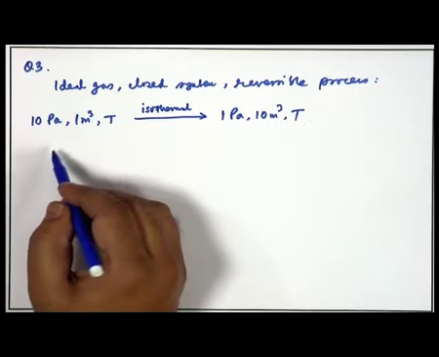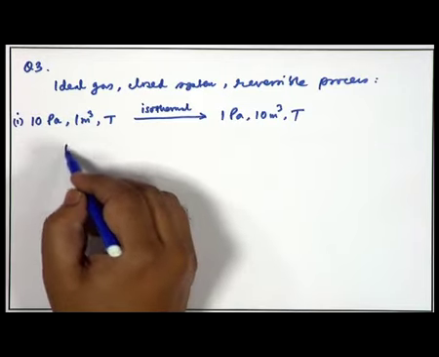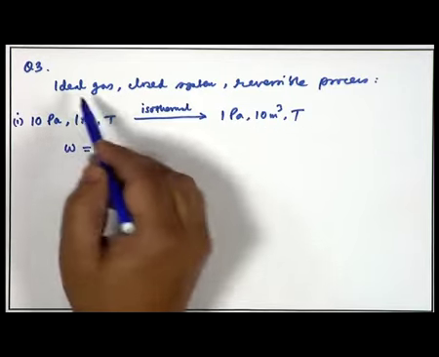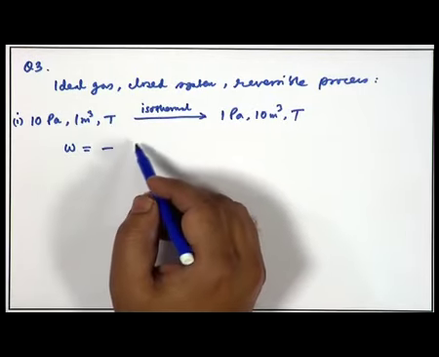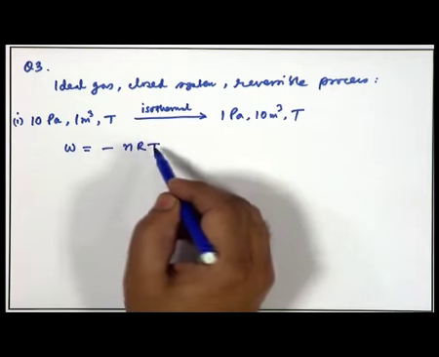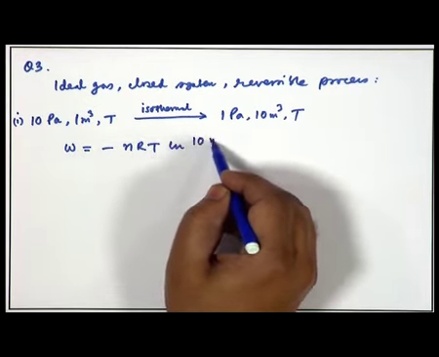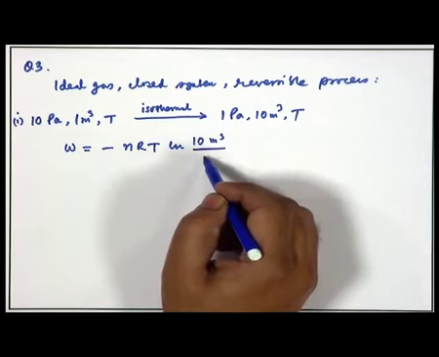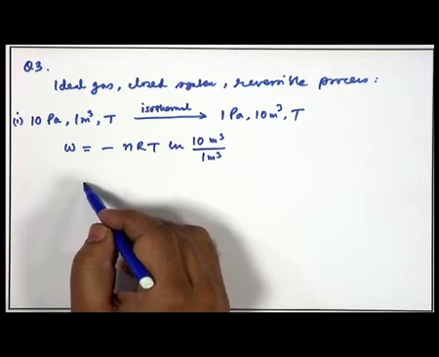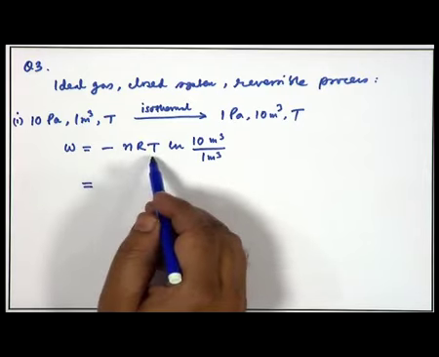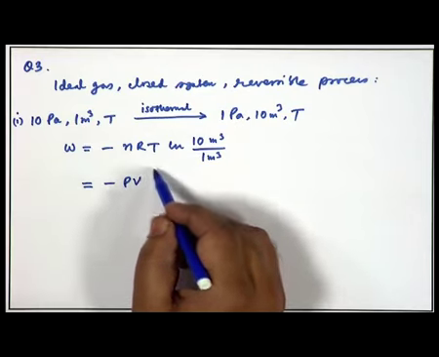So, in this case that is my first part. If I want to get W for an ideal gas, reversible process, isothermal condition, I can write nRT ln of V final over V initial, which is 10 meter cube by 1 meter cube, and nRT is equivalent to PV for an ideal gas.